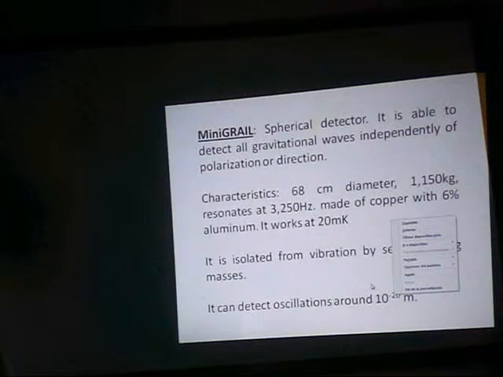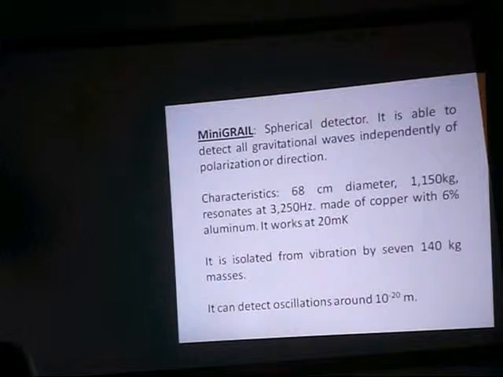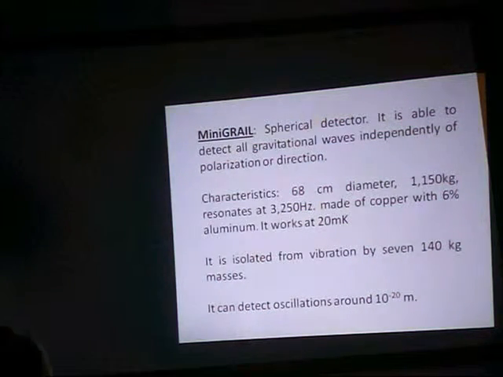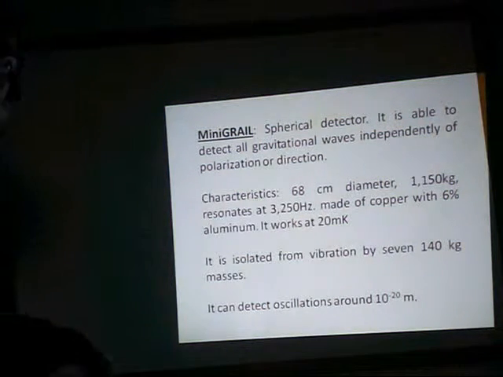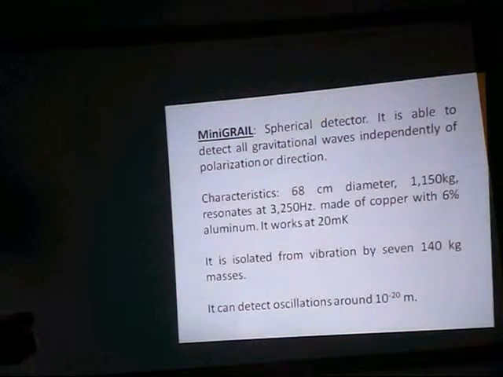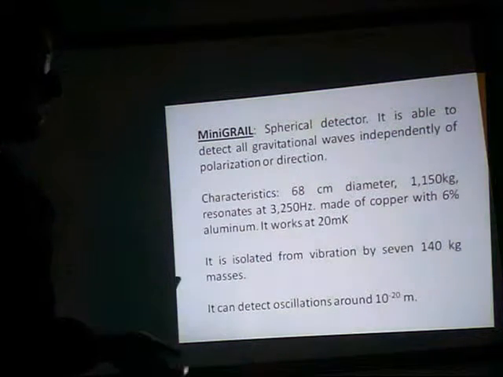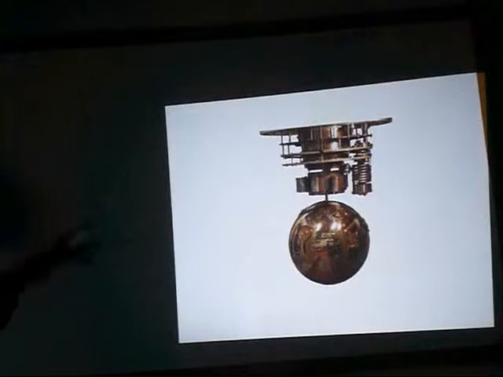It is isolated from vibration by 140 kilograms masses. It can detect oscillations around 10 to the minus 20 meters, the 100th part of an electron, or 100 times smaller than an electron. This is the Mini Grail.